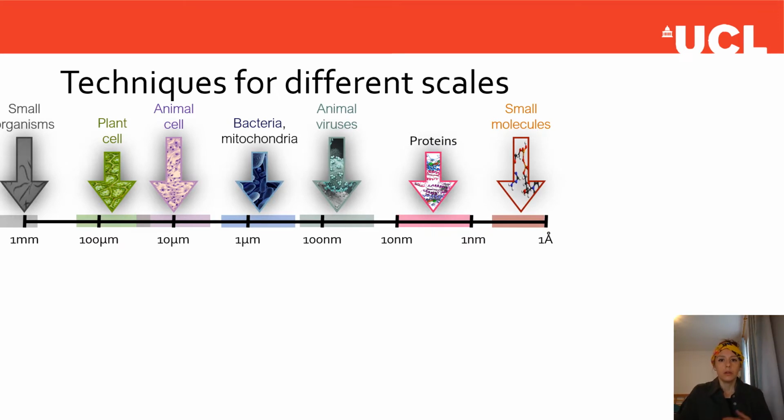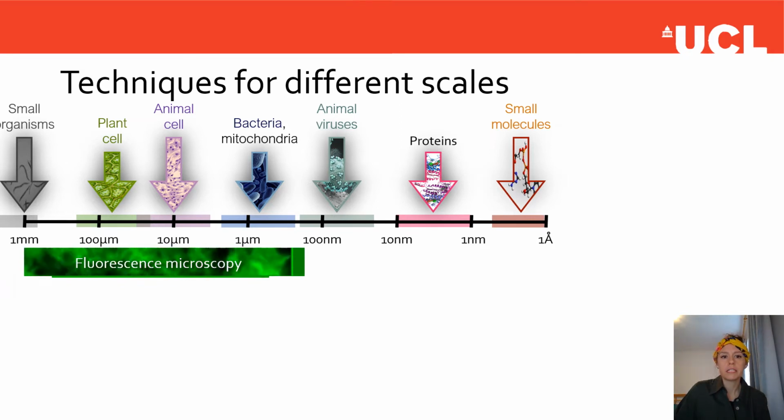So here's just another schematic of our different size scales in cell biology. And what we want is appropriate imaging techniques for these different objects. So fluorescence microscopy is great. I love it. And it's really good because we can look at live structures, live samples. We can look at dynamics.